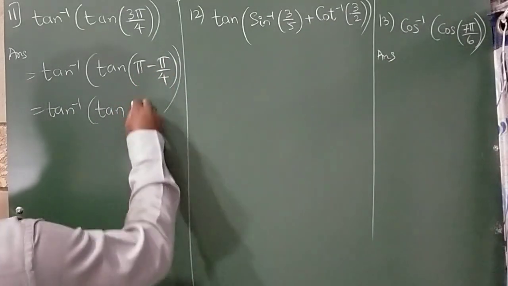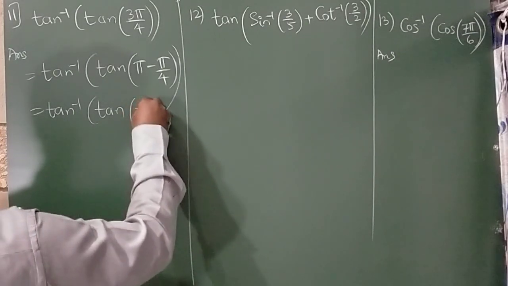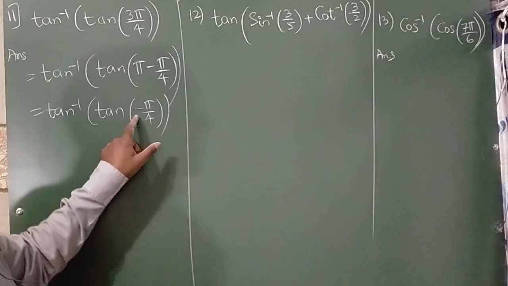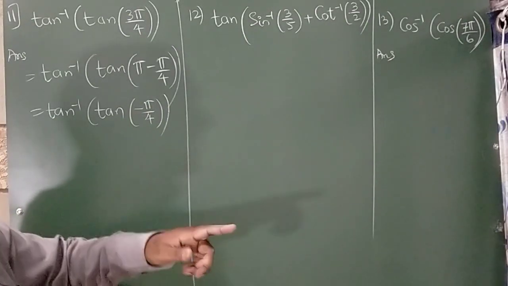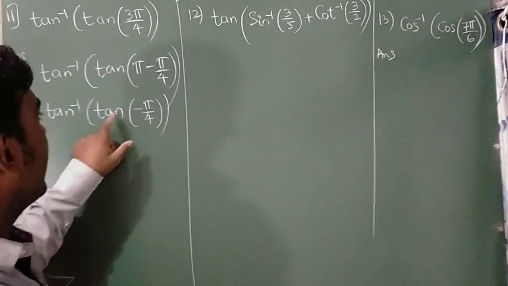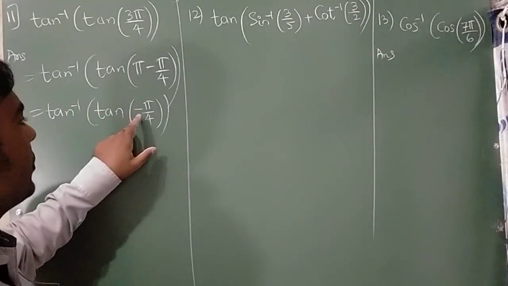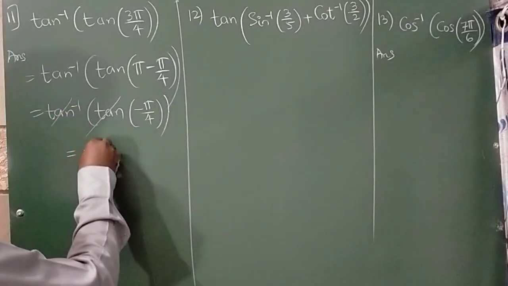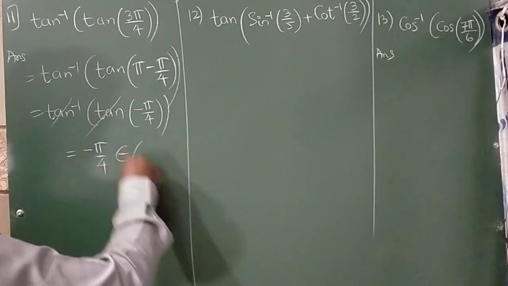Fine. So directly what can you write? Minus pi by 4. But why did I write minus? Because in the second quadrant sine and cosec are positive, but here it is tan. So this will become negative. Fine. So tan and tan inverse get cancelled. Final answer is minus pi by 4.